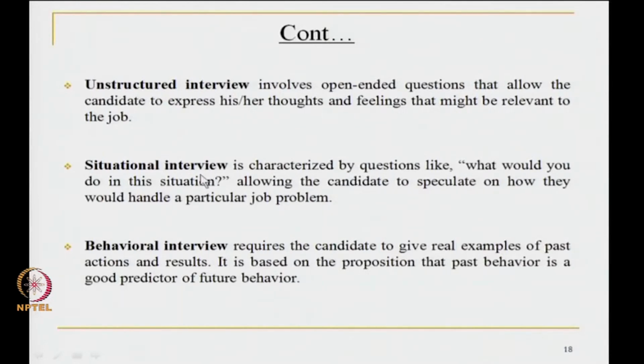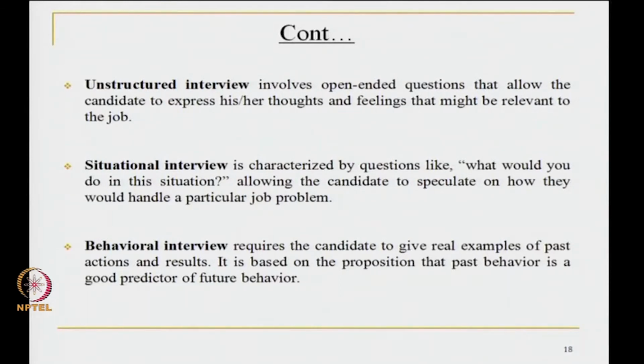Then there is the situational interview. This is characterized by questions like, why would you like to join the organization, or what would you do in this situation, or allow the candidate to speculate on how they would handle a particular job situation.